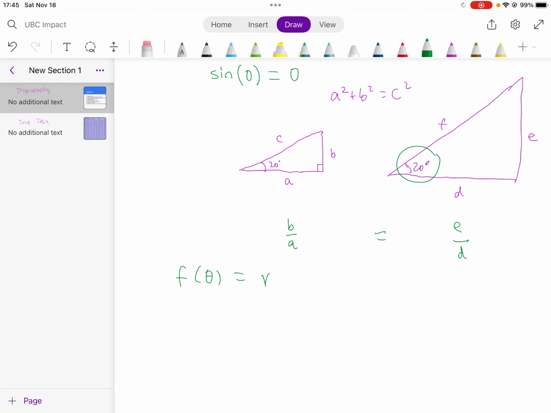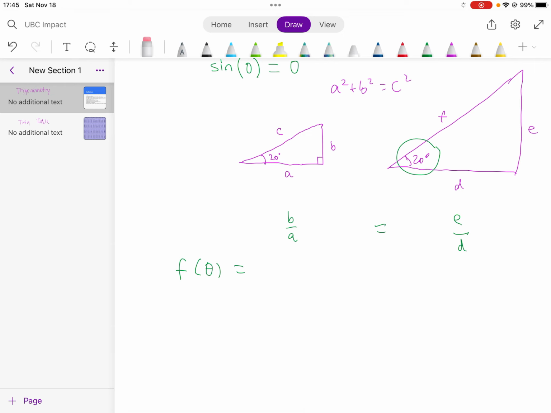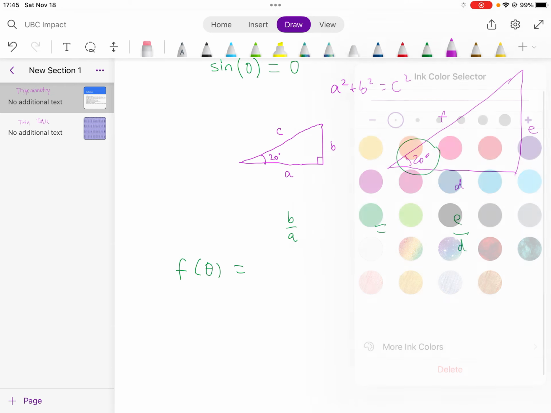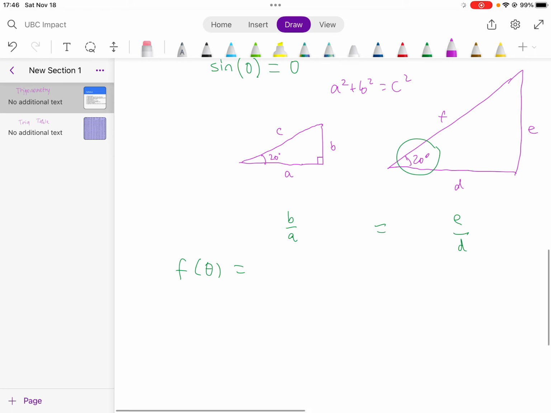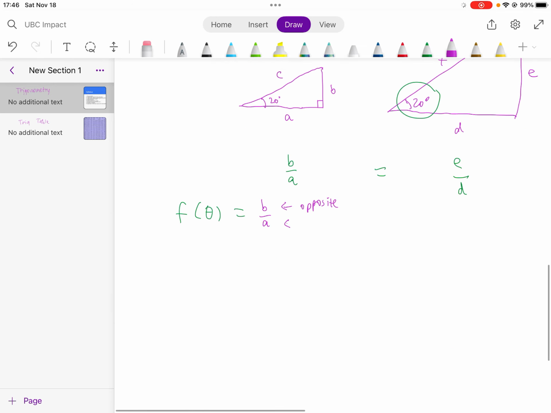This means that there exists a function that whenever you put in an angle, it will give you back the ratio. And this is the ratio of the side that is opposite the angle, which we'll call B from now on, so opposite divided by the length of the bottom side, which we're going to call A.